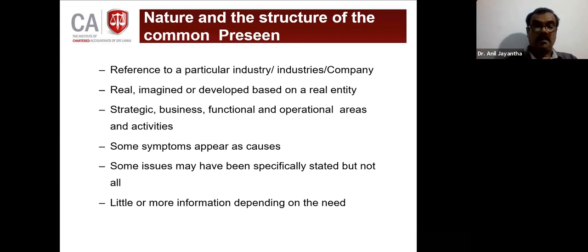Some symptoms appear as causes. In the pre-seen, some information or some explanations may appear as the big issue, but they are not the issues. Most probably they would be symptoms. For example, a continuous decline in profits is not the issue. It is a symptom somewhere.